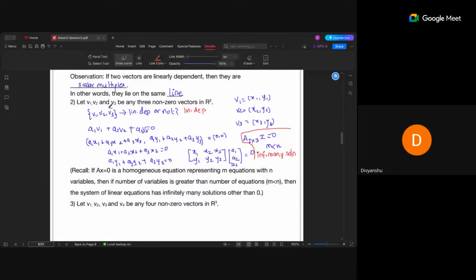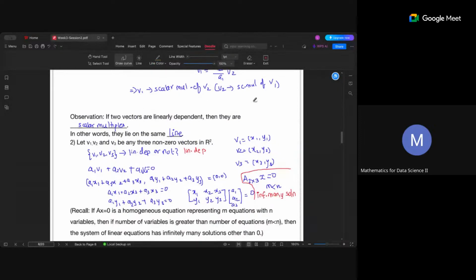Can you explain how there are infinitely many solutions if m is less than n? If m is less than n, what will the RREF form look like? We are not in a square matrix case, we are in a rectangular matrix case. So there will be many possibilities.